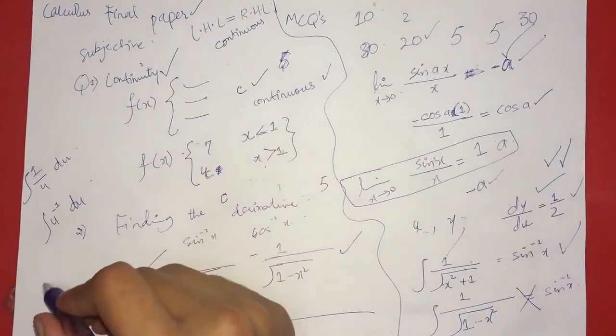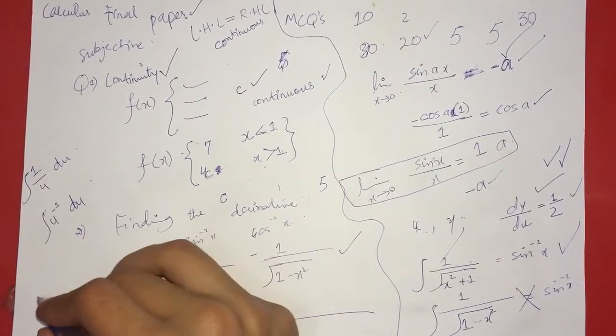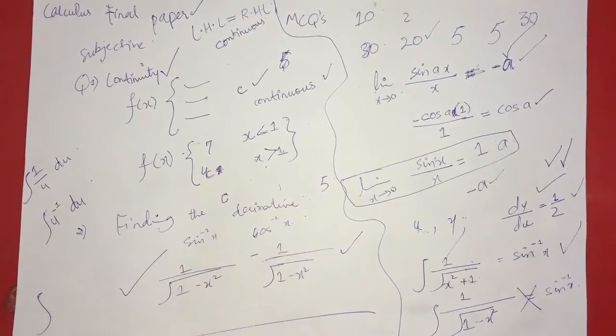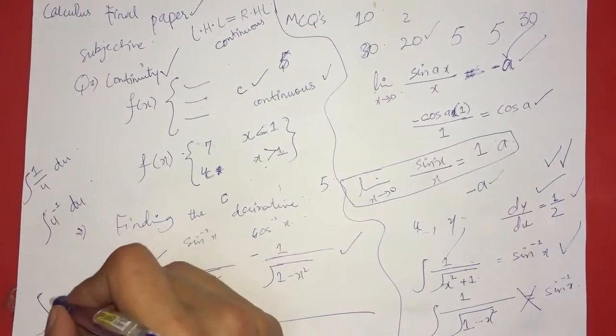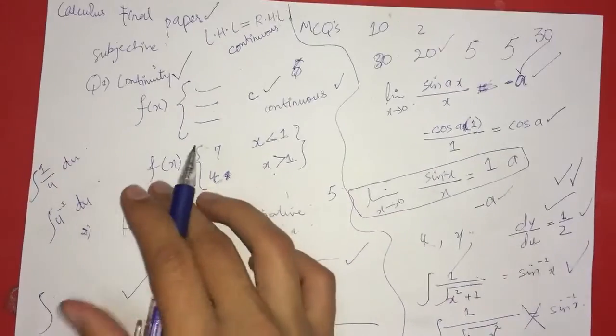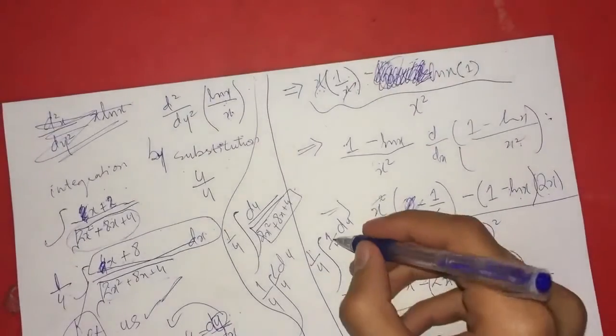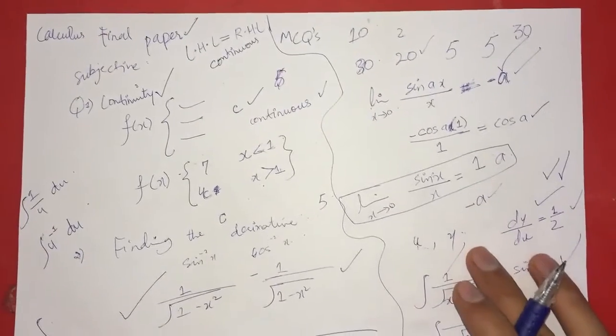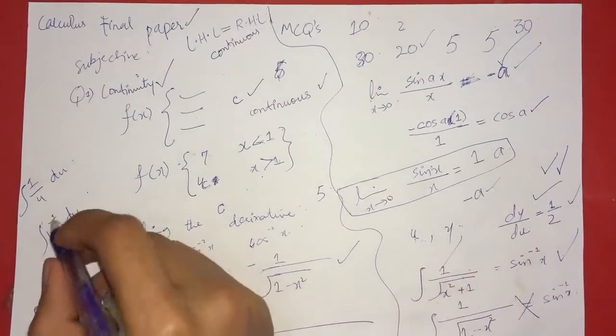And whenever we integrate, we use the power rule. What the power rule says in terms of integration is you add 1. Oh my god, I'm sorry, it was under root u. It was under root u.